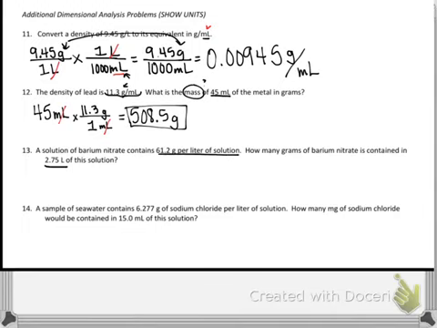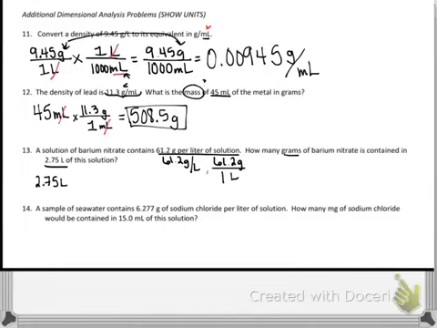Now, since it's 61.2 grams per liter, we also have to know that this can be written in a different way. It can be 61.2 grams per liter, or you can also write it down as 61.2 grams over 1 liter. Okay, so these are two ways that we can write it. So now we write our given, 2.75 liters, and we want to end up with, what do we want to end up with?